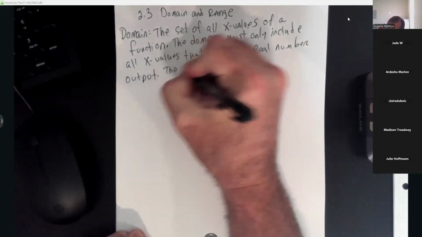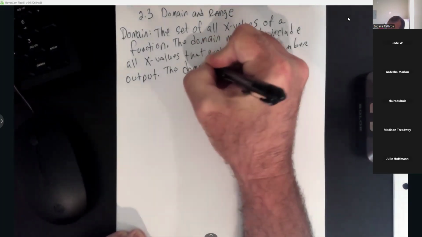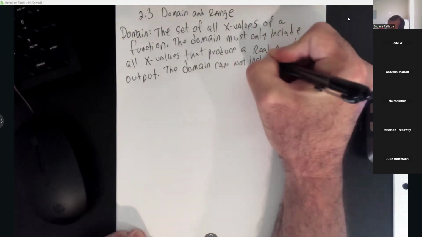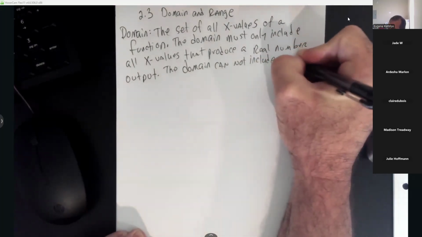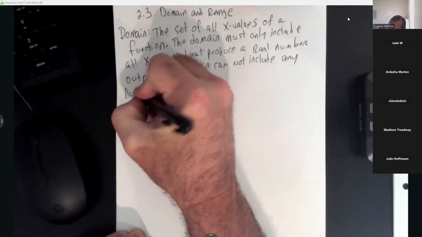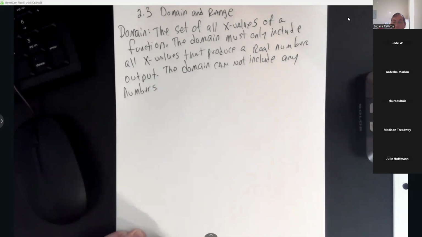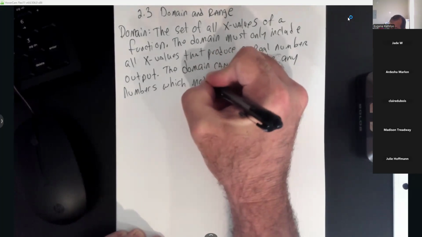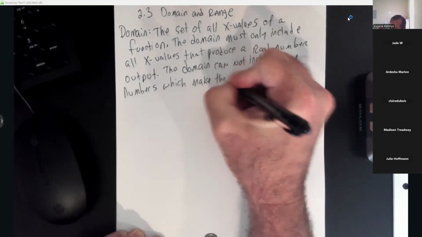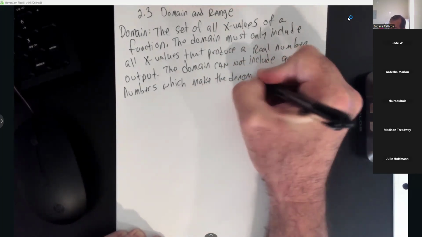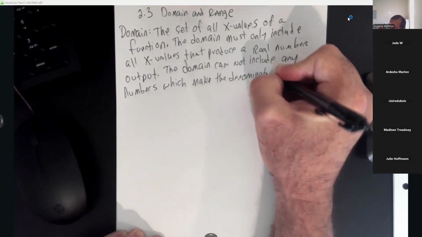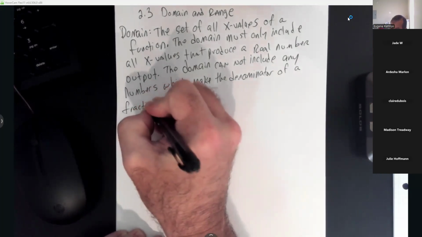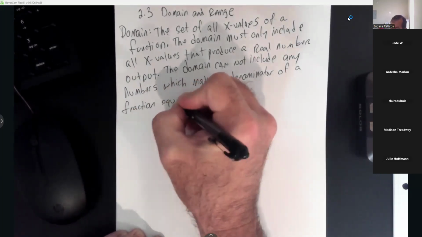So the domain cannot include any numbers which make the denominator of a fraction equals zero.